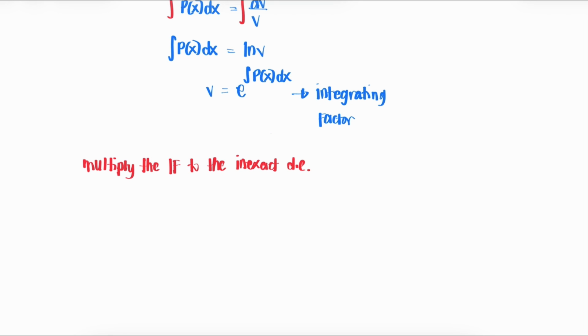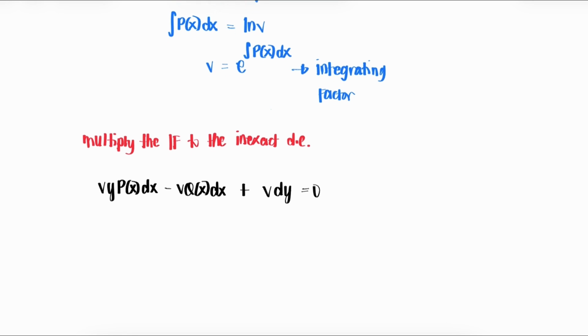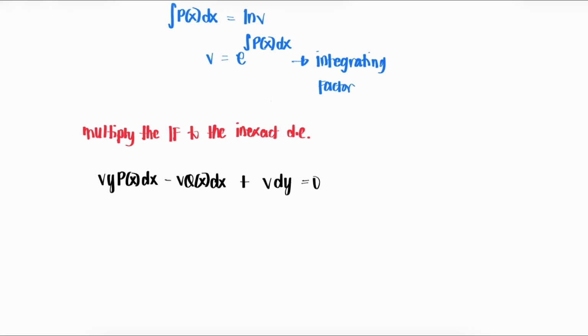Our original, let me write that again, we're going to replace the v. Our DE earlier was vy p of x dx minus v q of x dx plus v dy equals 0. So let us replace v here with the integrating factor e to the integral of p of x dx.